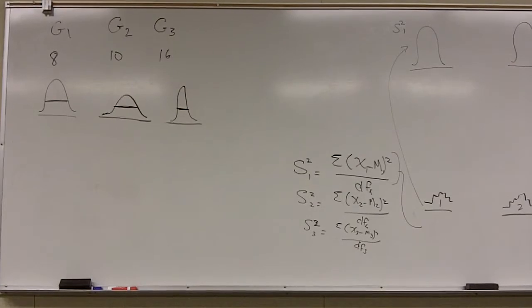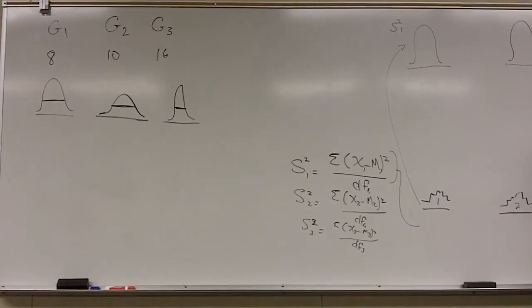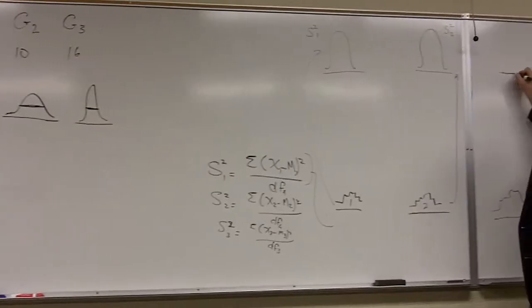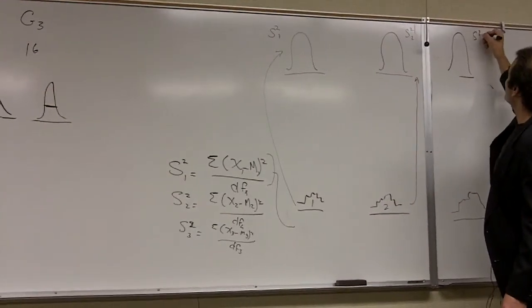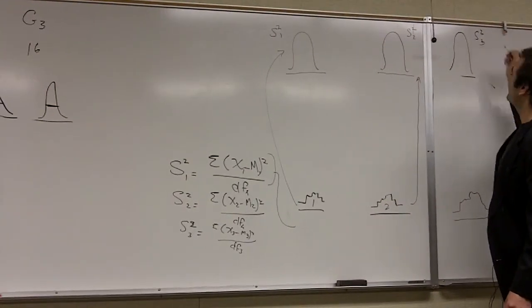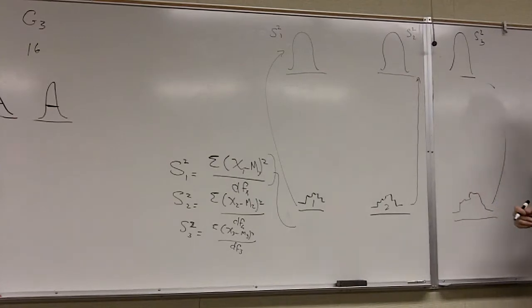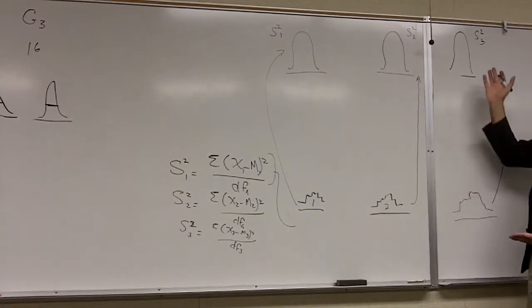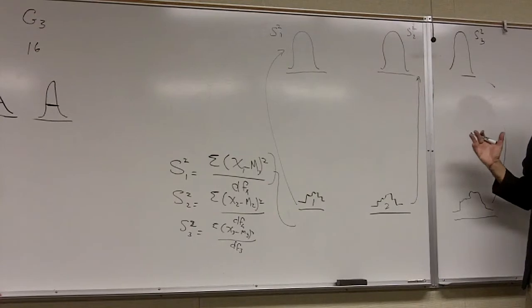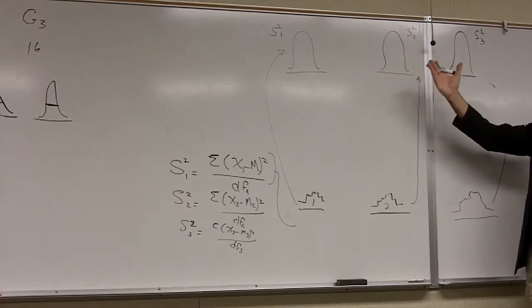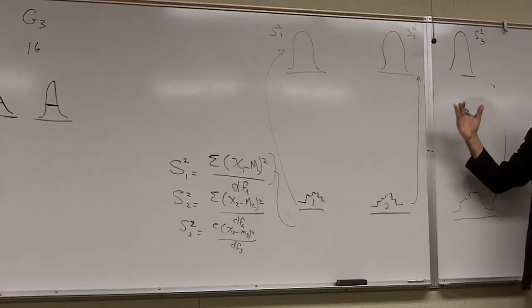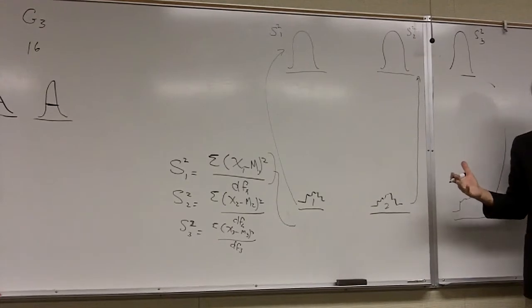So the only difference here would be that we'd have a third group. I don't think it'll show on the camera, but here's a third group, just like the second group, and it'll also have an S squared 3. So we have three groups, and now you've calculated the variances 1, 2, 3. And this process of calculating these variances is insensitive to differences between means.